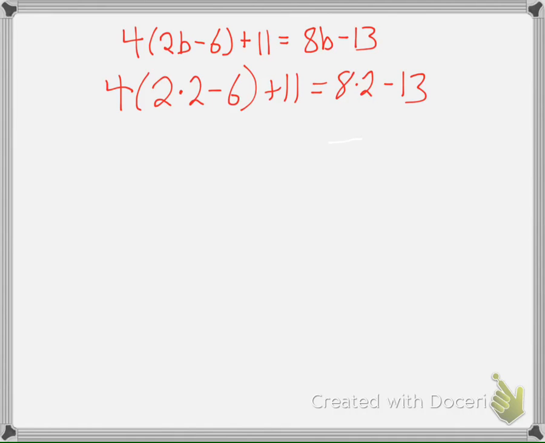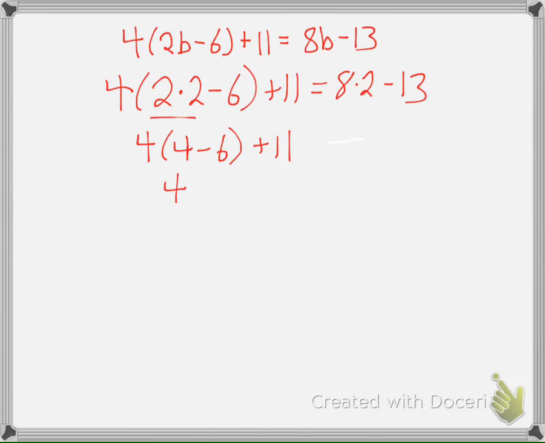You can quite literally type in 4, the parentheses, 2 times 2 minus 6, close parentheses, plus 11, and hit equals, and it will tell you what this side works out to be. Now, you can also work it out by hand if you would like, making sure you follow order of operations.